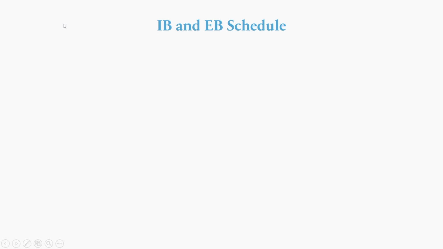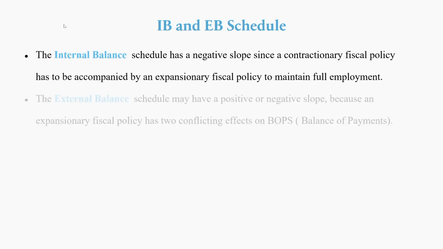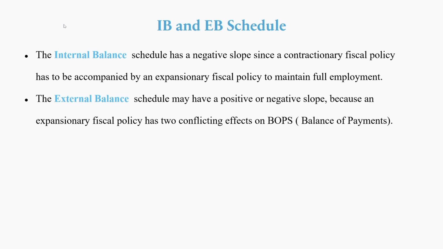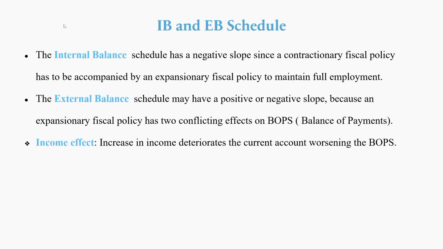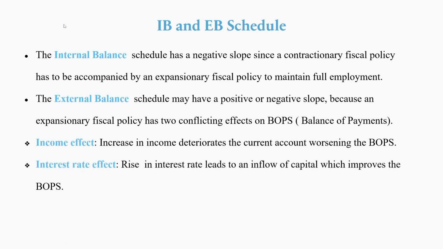Before we move into the diagrammatic approach of the internal balance schedule, external balance schedule and assignment problem, we have to clear certain terms, which are the external balance and internal balance schedules, their slopes, and the income effect and interest rate effect. The internal balance schedule has a negative slope since a contractionary fiscal policy has to be accompanied by an expansionary monetary policy to maintain full employment.